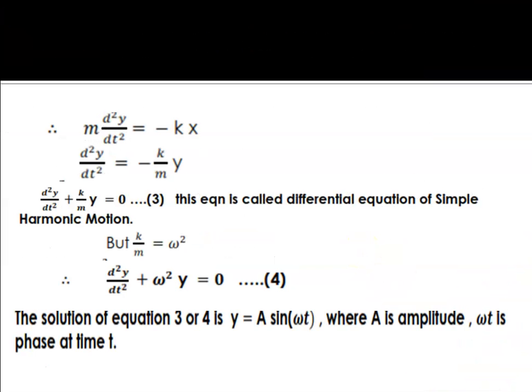I am going to equate these two forces. m into d square y by dt square is equal to minus ky. This y, whichever it is, represents the displacement of this particle along the x direction or y direction.